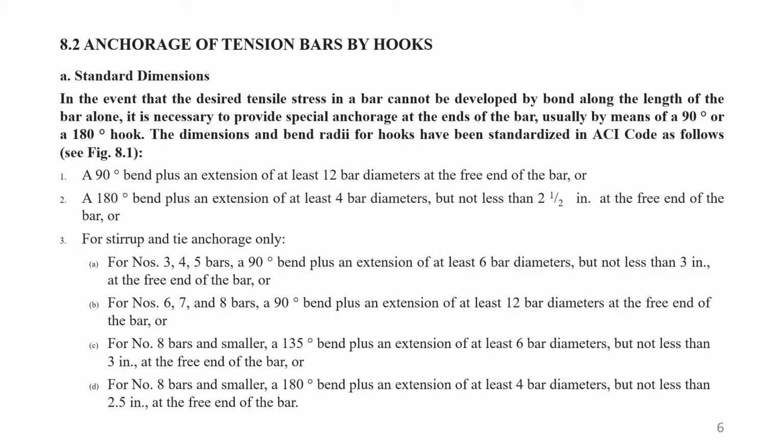Though these figures are a little smaller in size, in reality whatever the size is will come with the rod size, etc. And all the details of this hook to be bent, how much radius should be given, how much extension of the straight bar will be required, all these are listed here. This cannot be memorized, nor is there anything to be understood.